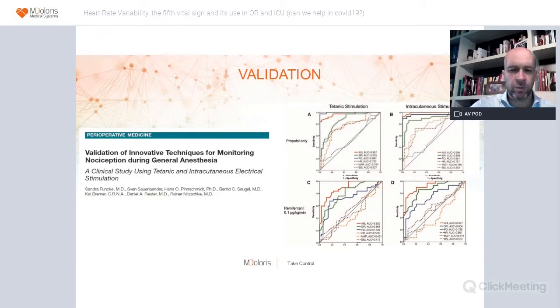So we're going to make a tetanic stimulation in patients with propofol, and an intracutaneous stimulation, which is very similar to an incision, with propofol as well. So when the curve goes much more to the left side, goes up, the area under the curve is much nearer to 1.